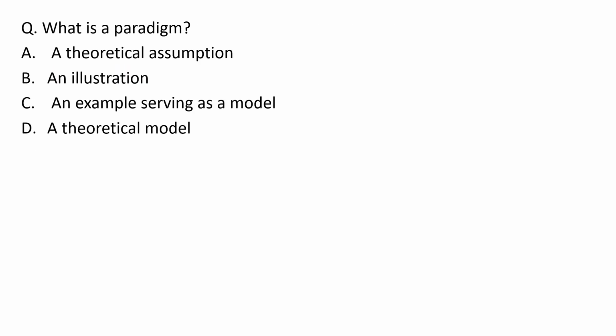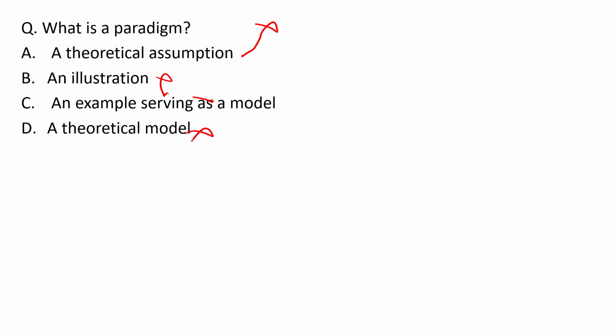What is a paradigm? It is asking about the meaning of paradigm. The options are: a theoretical assumption, an illustration, an example serving as a model, and a theoretical model. Obviously a paradigm can't be a theoretical assumption, and it can't be an illustration. It is a sort of model, so you can also delete the theoretical model.